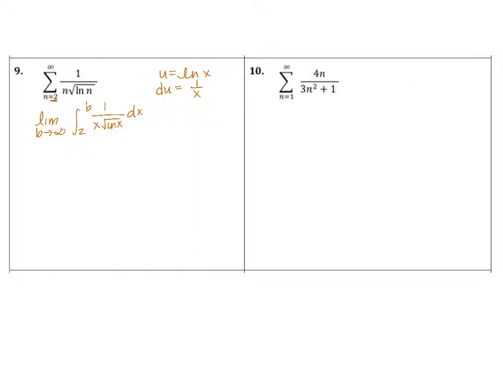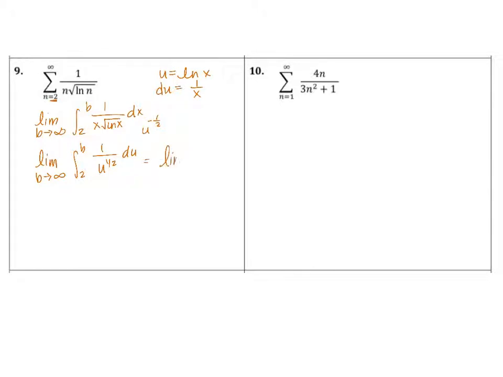And so it looks like everything's accounted for. So we're going to look at the limit as b approaches infinity of the integral from 2 to b of 1 over the square root of u, or u to the 1/2 du. And so keep in mind that's really u to the negative 1/2.